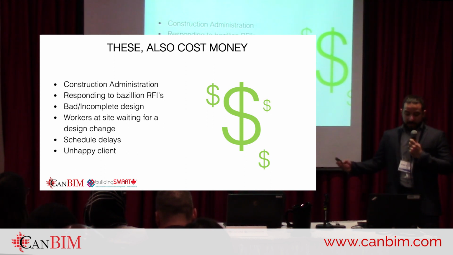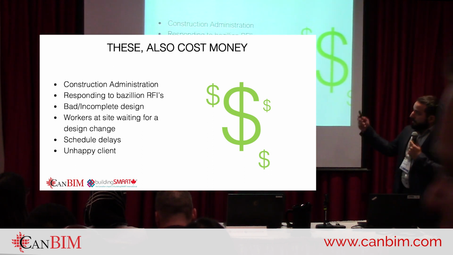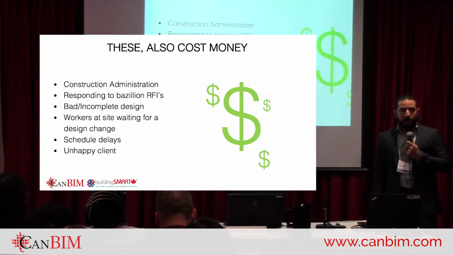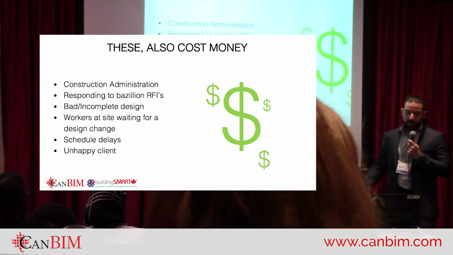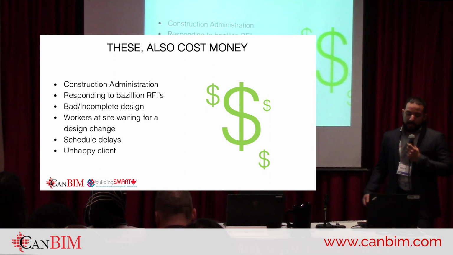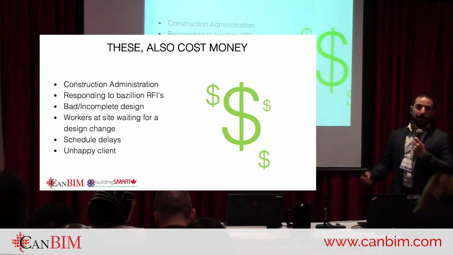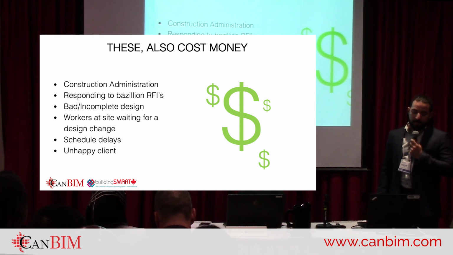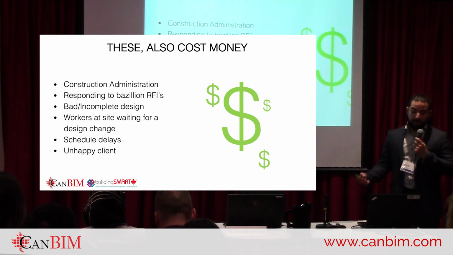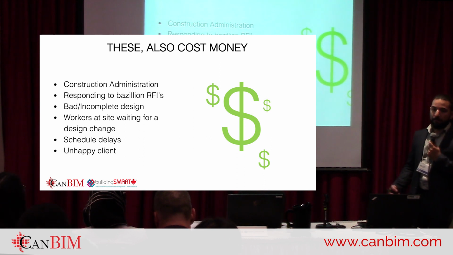Bad or incomplete design usually leads to all those RFIs, and to design changes. Now the design change itself will cost you because you're going to have people working on that design change, and also there will be workers just sitting at site costing you thousands of dollars, getting paid to do nothing because they are waiting for the new design.